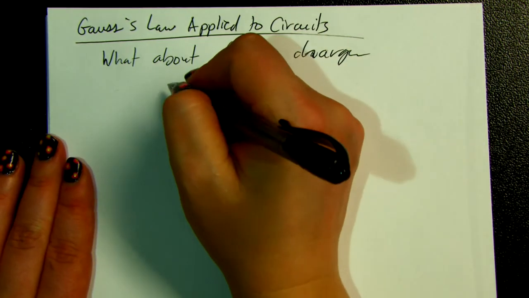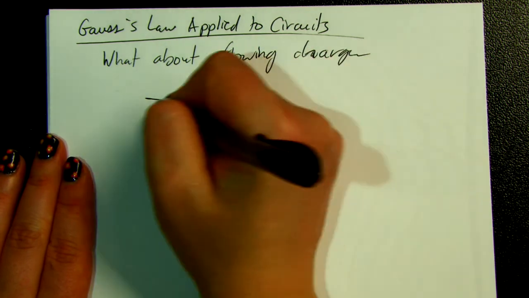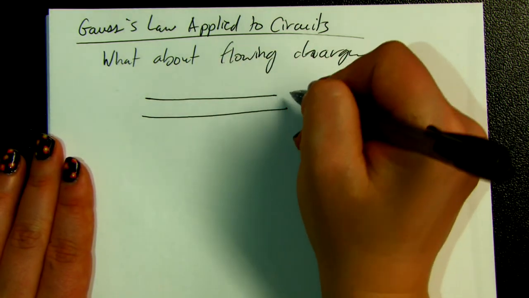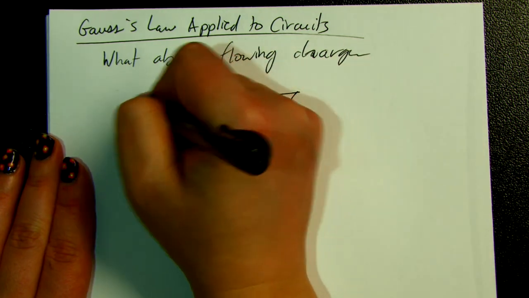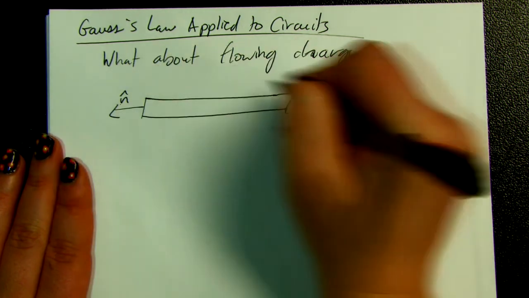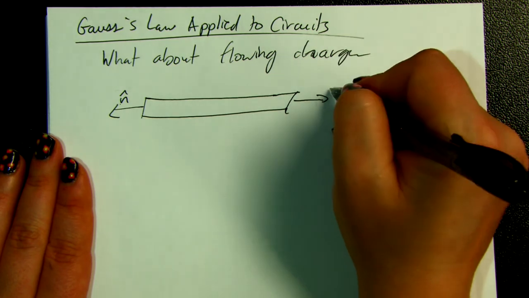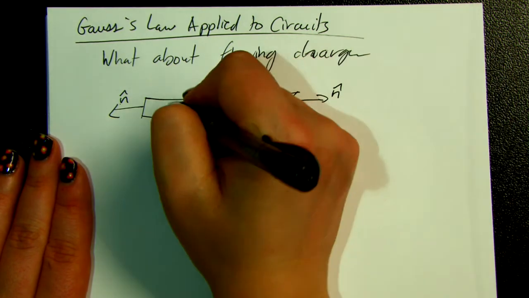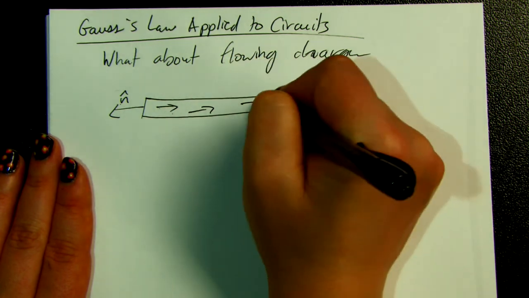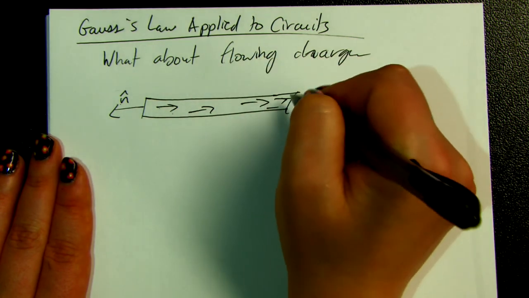If you have flowing charges, let's look at a wire segment. And we know that the electric field is going to look like this.